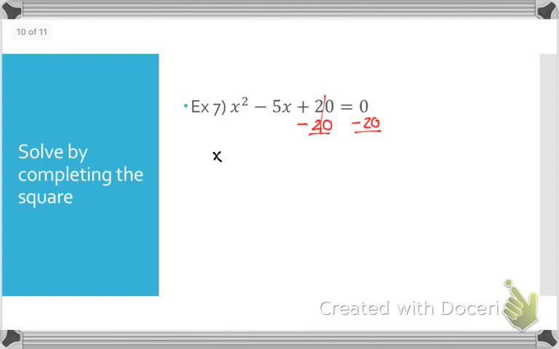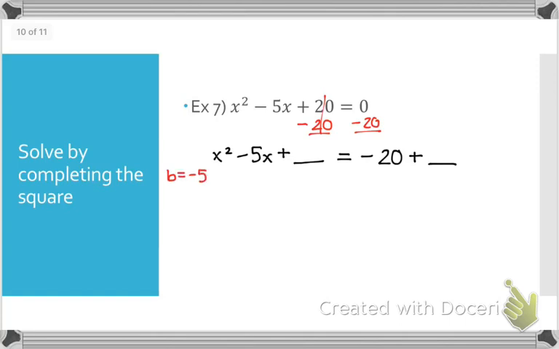And now we're left with x squared minus 5x, and I'm going to put a plus, this blank space, because we're going to fill it in when we complete the square, is equal to negative 20. And remember that this new c value is going to be added to both sides. Okay. So now what we want to do is identify our b.